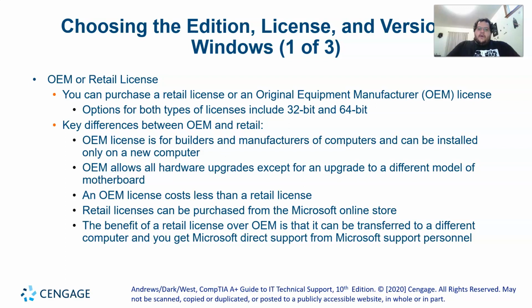Then you've got an OEM or retail license. OEM is for manufactured computers. You could buy one of these if you're building your own computer right off the bat. It's cheaper. Sometimes Dell, HP, and all the other vendors have an OEM license built in for them.